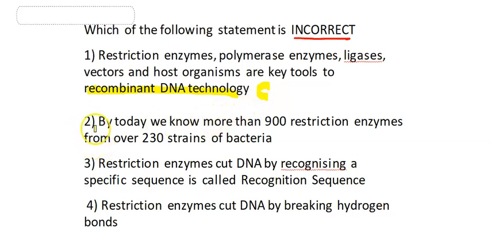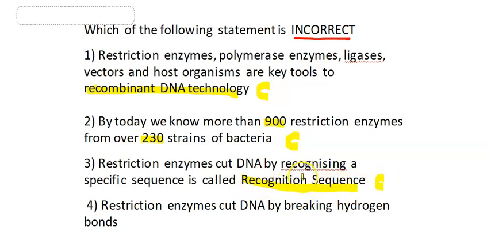Next option: by today, we know more than 900 restriction enzymes from over 230 strains of bacteria. This is also a correct statement, directly from your NCERT book. Option 3: restriction enzymes cut DNA by recognizing a specific sequence called the recognition sequence. That is also a correct statement.